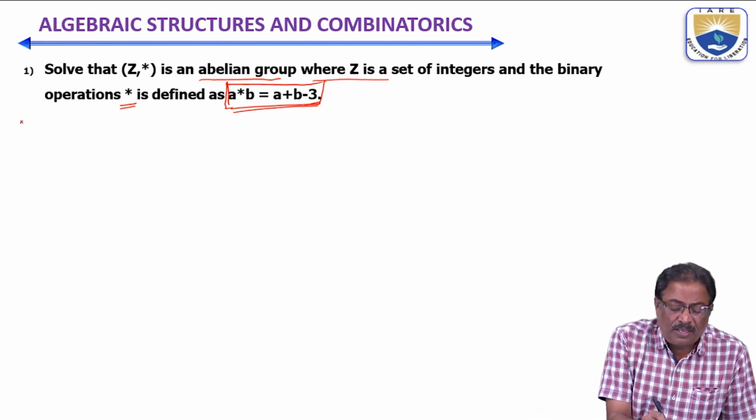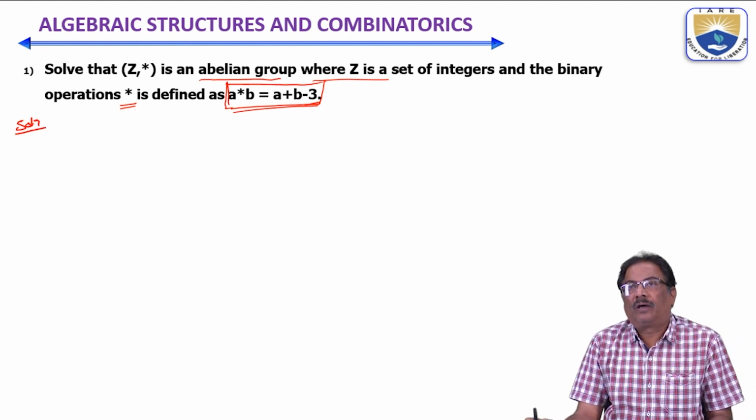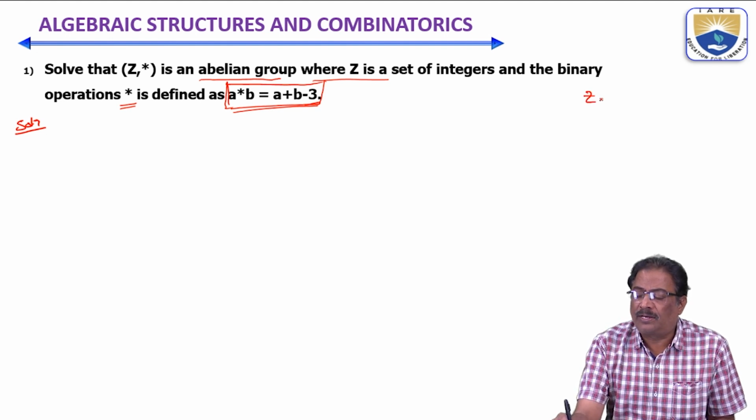So for that, let us discuss all the things. First of all, it should be a group. After that, the commutative law is followed. Then we can say that (Z, *) is an abelian group. So first of all, we are going to prove that (Z, *) is a group.